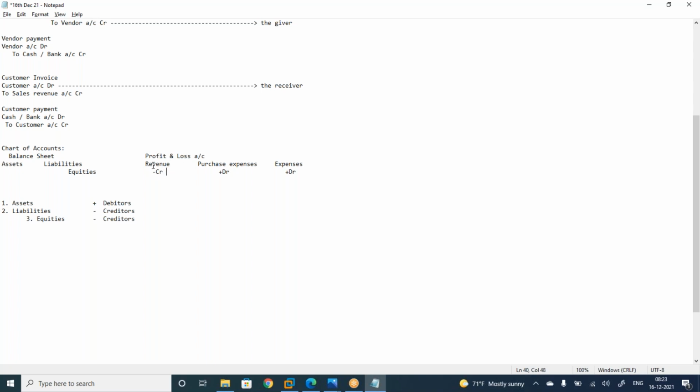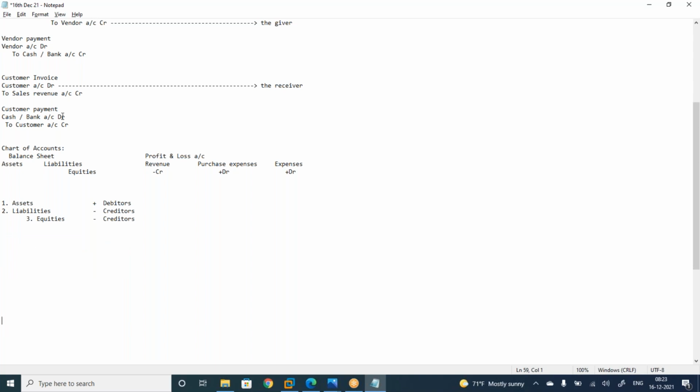Sales or revenue or income is represented negative, quite opposite behavior. You need to remember, if you are a mathematics person, x plus something is equal to y, then x equals y minus something. That means moving from this side to this side is minus. You need to apply that from balance sheet side to P&L side. The behavior is quite opposite.